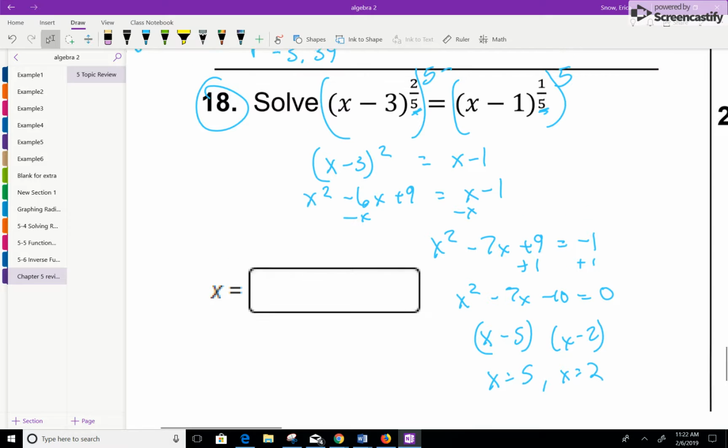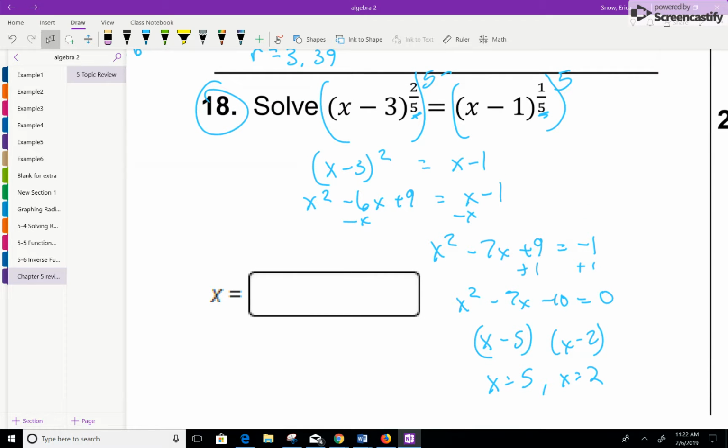So to do that, I'm going to actually use my calculator. When I plug in 5, 5 minus 3 to the 2/5 equals 5 minus 1 to the 1/5. So 2 to the 2/5 is 1.31, and 4 to the 1/5 is that same number, 1.31.